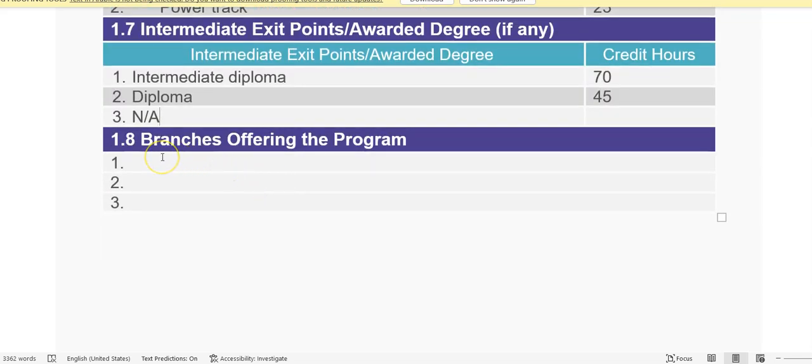The branches are usually for males, females, or for males in different locations, in different cities. If you have branches, write your branches. For example, we have the Majma'ah University main city building, or engineering campus.